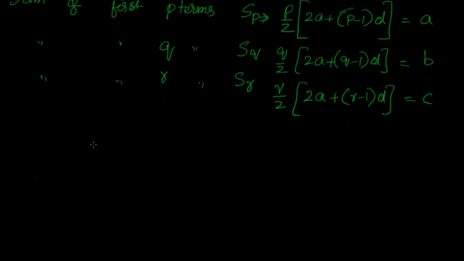So from S of p, I will get a by p equal to 1 by 2 into 2a plus p minus 1 into d.